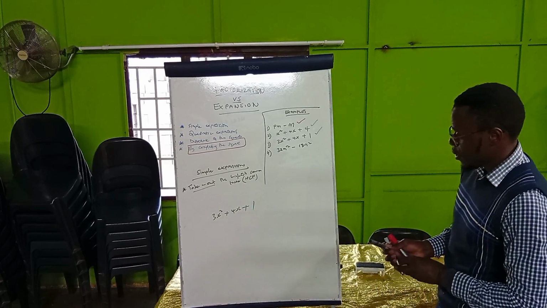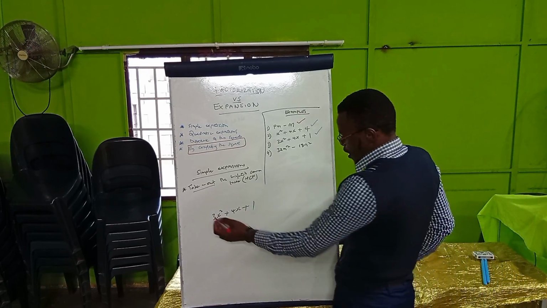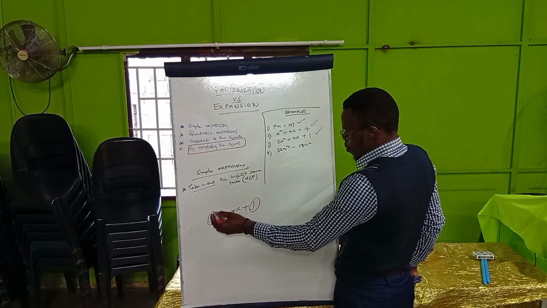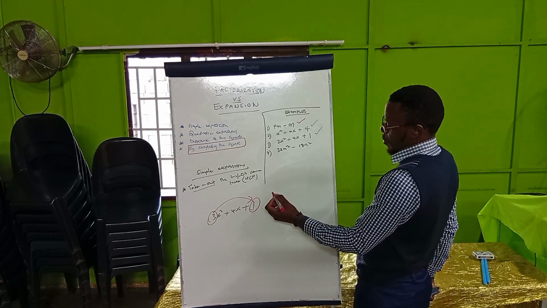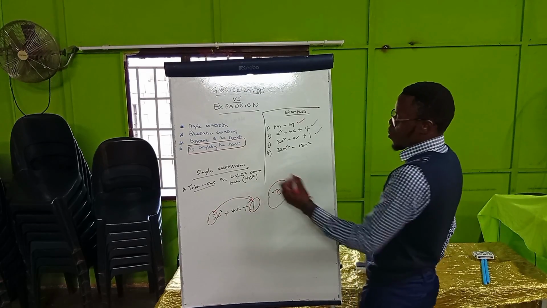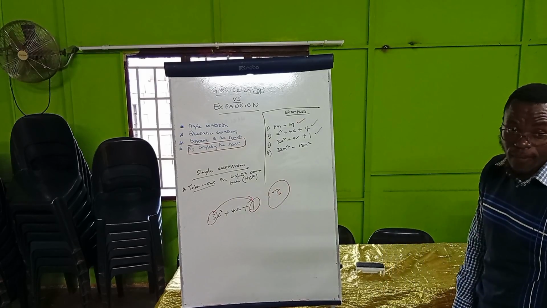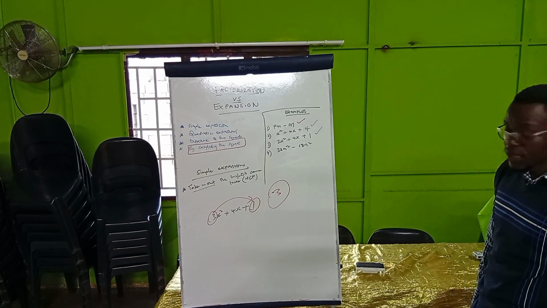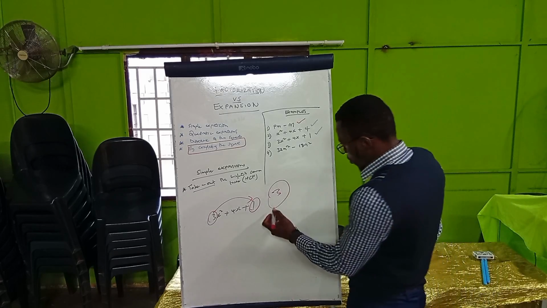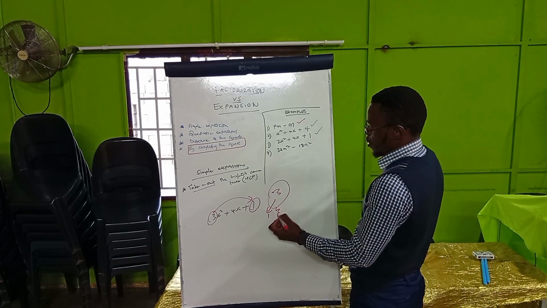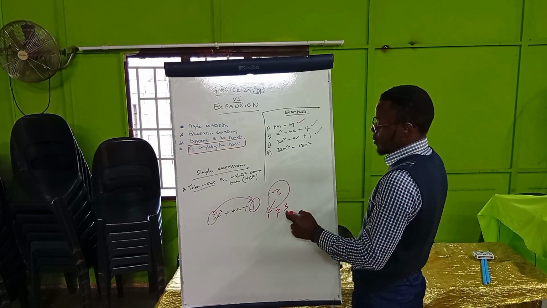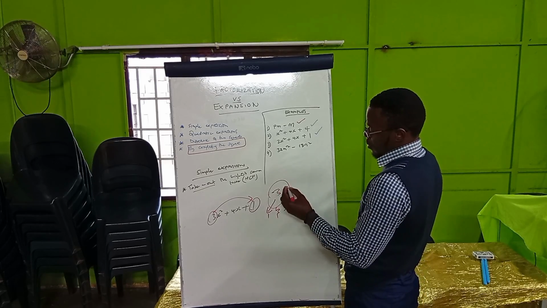Notice, like I said, because the value of a is greater than 1, we will multiply that 3 times 1 to get a new constant, which will be 3. And then we know that 3 is a prime number, so it has 2 factors, 1 and 3. 1 times 3 is 3, that's the product.